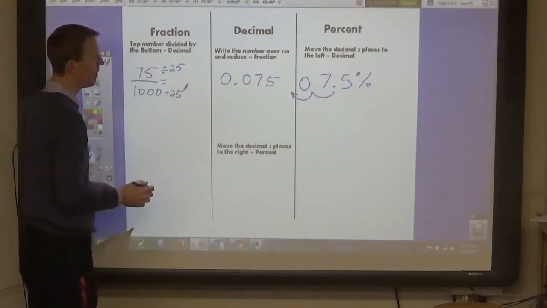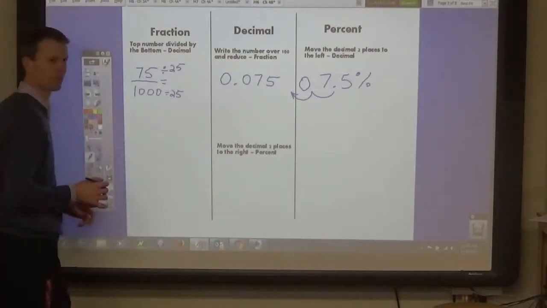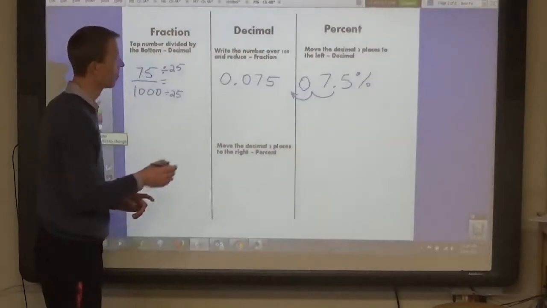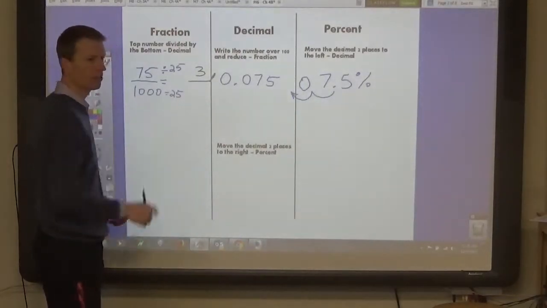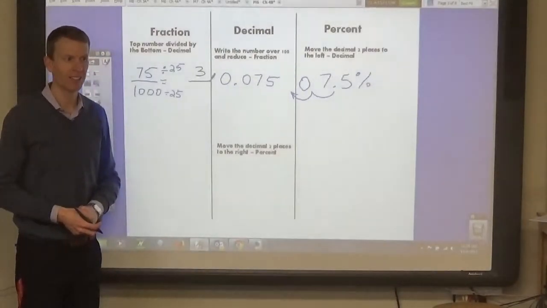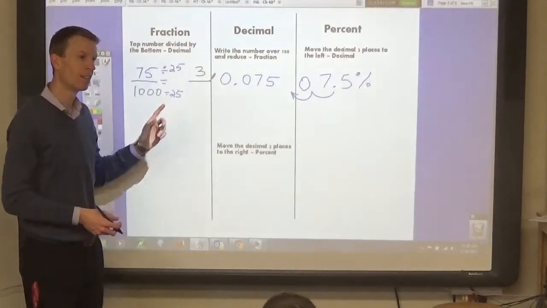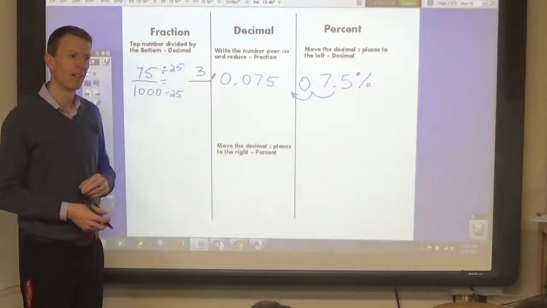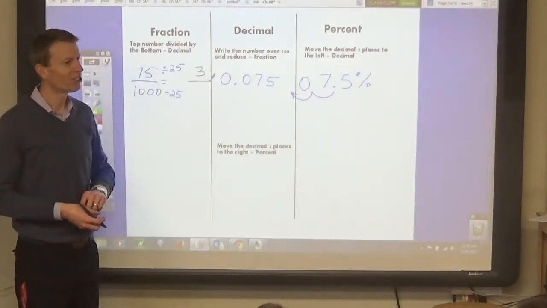So 75 divided by 25 is what? 3. And 1,000 divided by 25. 100? That would be divided by 10. So you're on the right track.